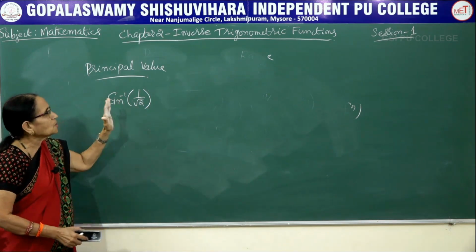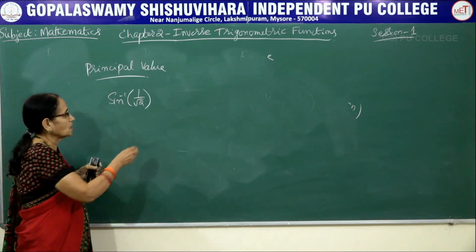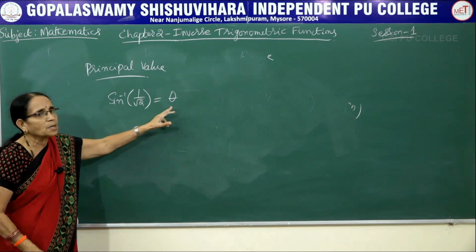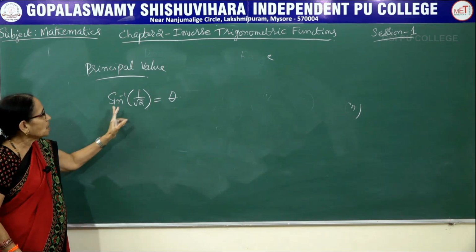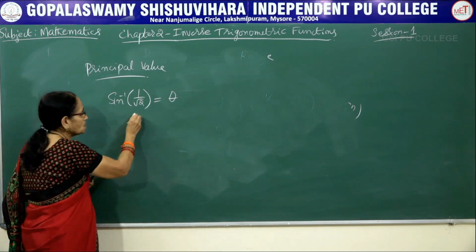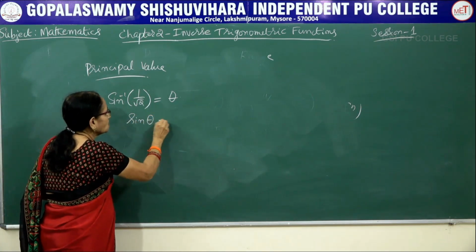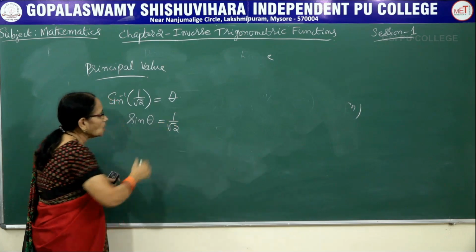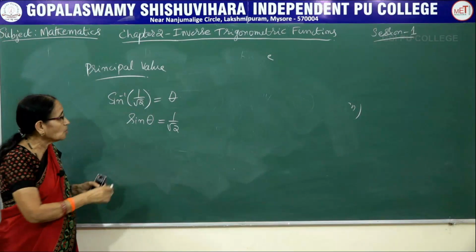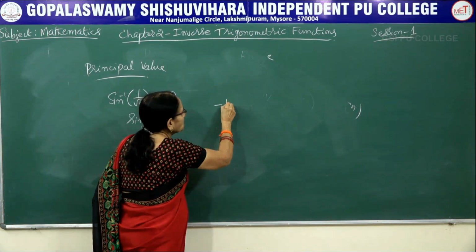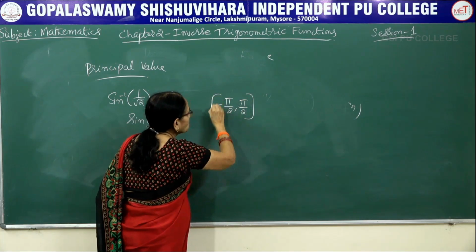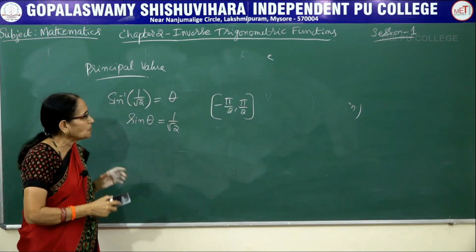I told you always inverse trigonometric function denotes an angle. Let me denote this to be equal to theta. Our problem is to find the value of theta here. Now sine inverse 1 by root of 2 is equal to theta, means using this definition I can write sine theta equal to 1 by root of 2. And what is the principal value branch? The range of the principal value branch is minus pi by 2 to plus pi by 2.